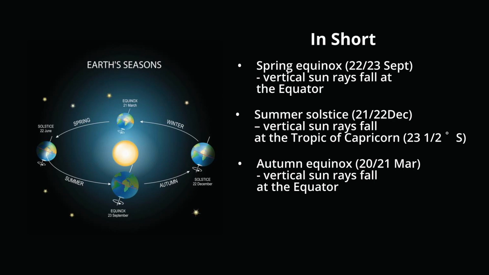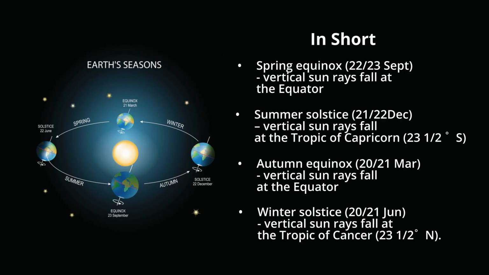The autumn equinox, 20th to 21st March, the vertical rays of the sun fall at the equator. Last but not least, the winter solstice, 20th to 21st June, the vertical rays of the sun fall on the Tropic of Cancer, 23.5 degrees north.